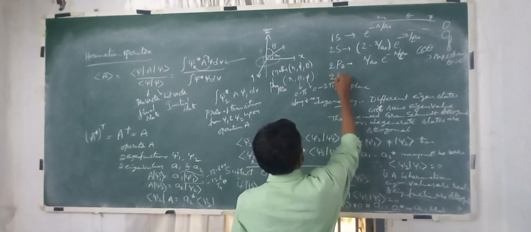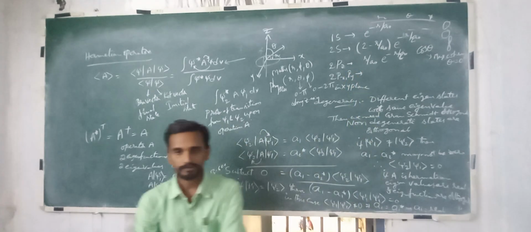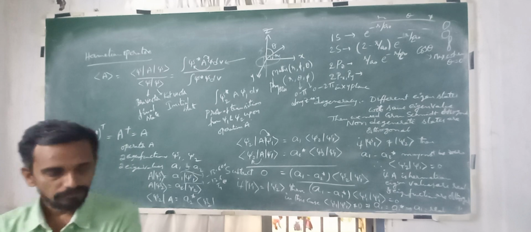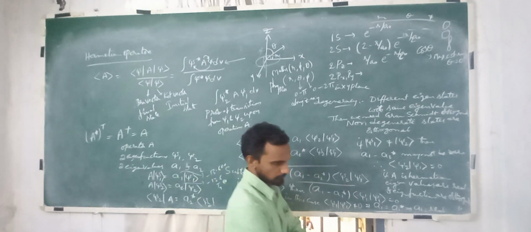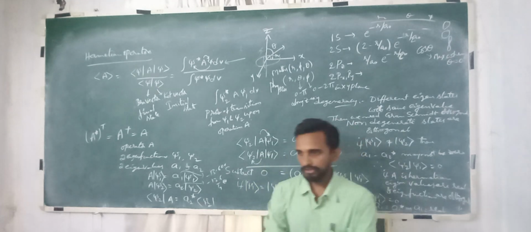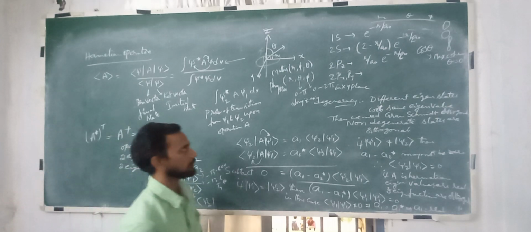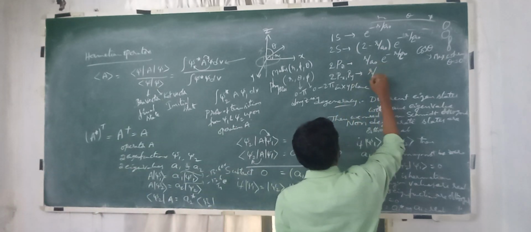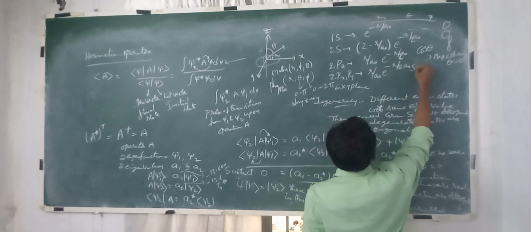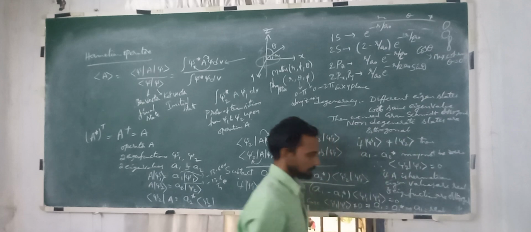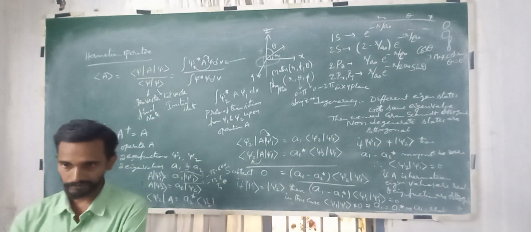What about 2px and py? Here in xy plane we cannot distinguish them by using any parameter. The function is r by a naught e power minus r by 2a naught sin theta. Sin theta means what? When theta is 90 degrees, we get maximum probability.